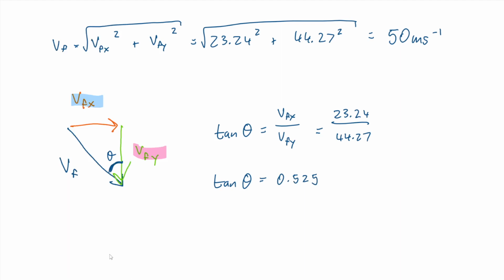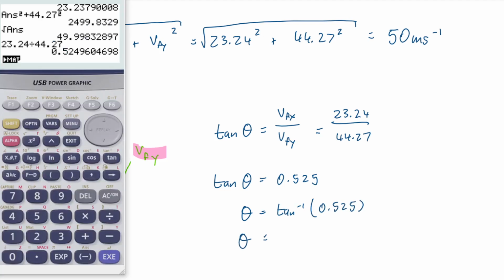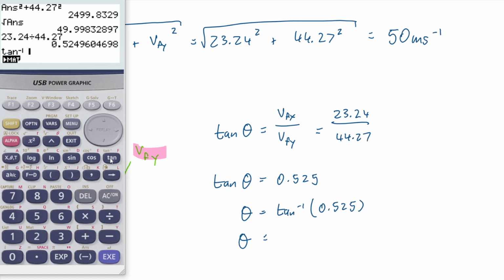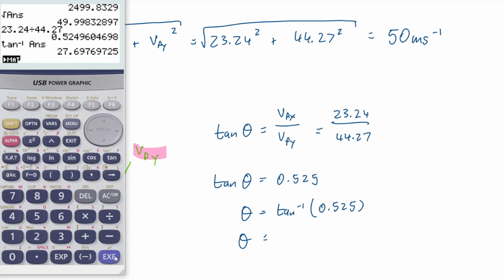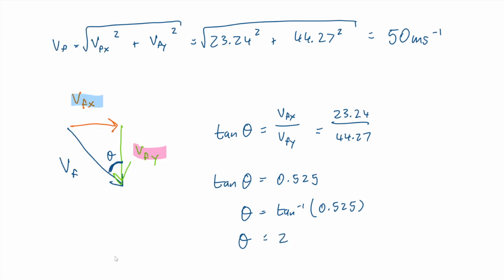To get the angle, we need to take the tan inverse of that. So shift tan, shift answer, execute, 27.7 degrees.